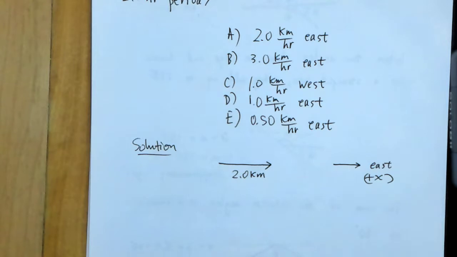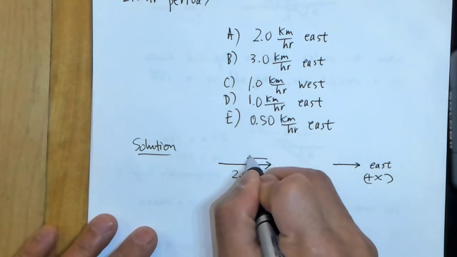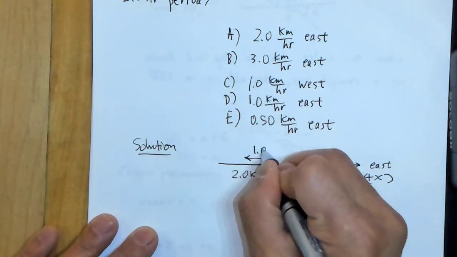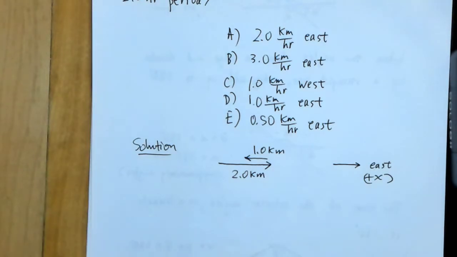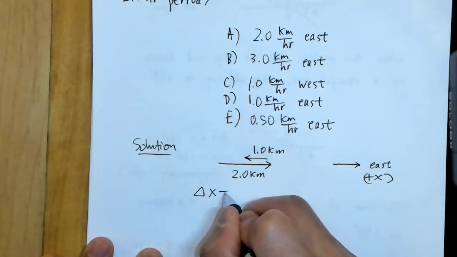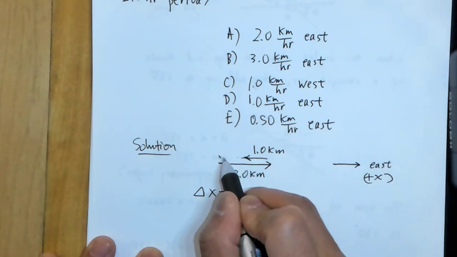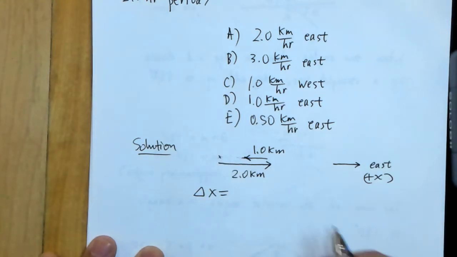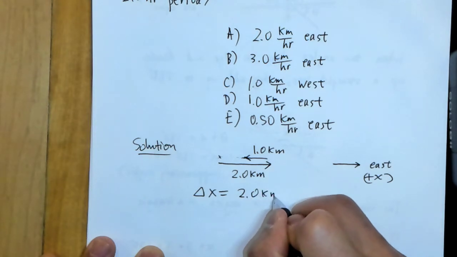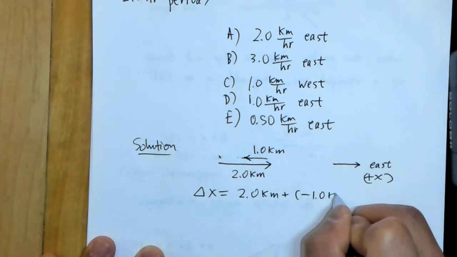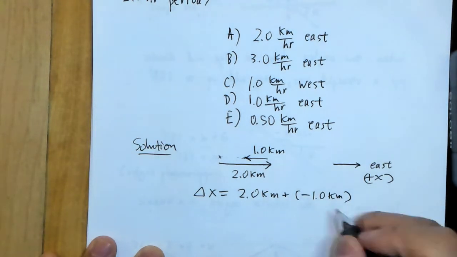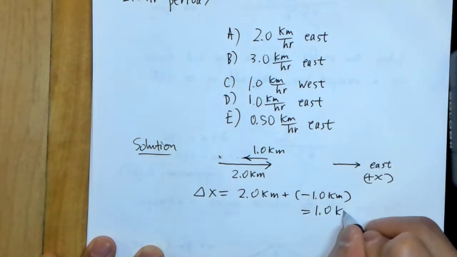And then the person turns around and goes back halfway, 1.0 kilometers. And the interval is going to be from the very beginning to the very end. And so we want to know what is the delta x for the entire thing. And that's just basically what is the displacement from here to there. Okay, from this initial to that final. So that will be 2 kilometers plus the minus 1, or 2 minus 1. And so that's 1.0 kilometers.